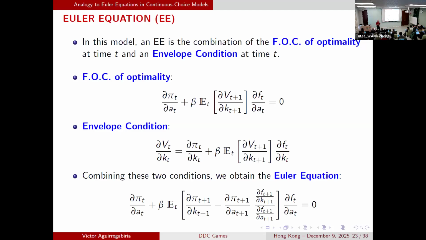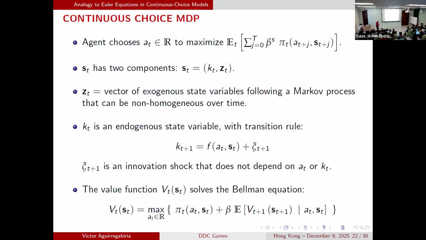With the Euler equation we can do the same: eliminate the marginal value from period t+2 on. What is the first condition? It is applying the derivative of this intertemporal value function with respect to the action A, which should equal 0.